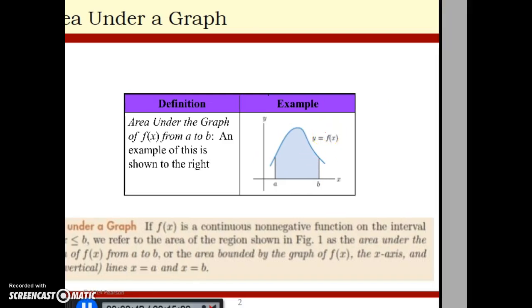And the area under the curve is the integral. So if you take the integral of the function that creates this curve, then that will give you the area under the curve, which can be very useful in many applications.